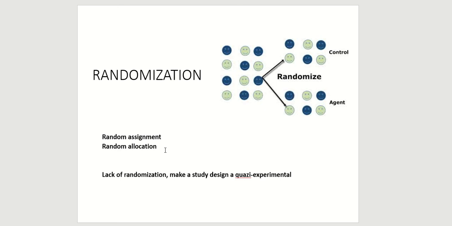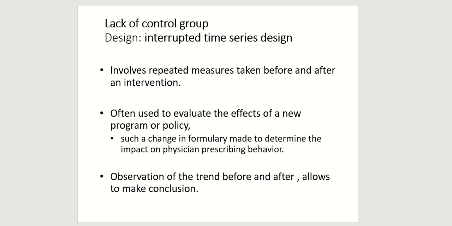When you're randomizing, you're putting your sample into 2 or 3 groups. It's the random allocation. Basically, most of the time, you're randomly allocating your participants to either taking the placebo or the treatment itself. If you do not do it, then your study is quasi-experimental, and it will be called the non-equivalent control group.